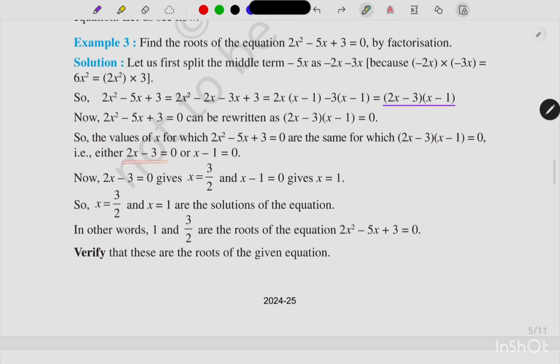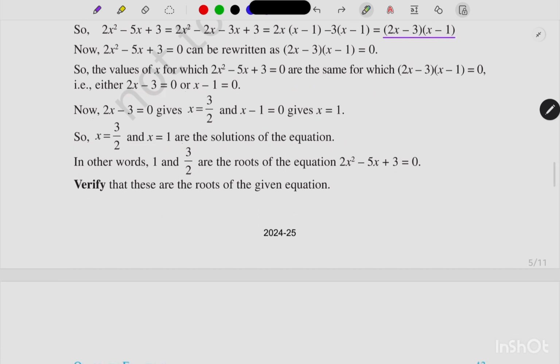So either 2x minus 3 is equal to 0 or x minus 1 is equal to 0. That means x can be 3 by 2, or x can be equal to 1. So 3 by 2 and 1 are the solutions to this equation. In other words, 1 and 3 by 2 are the roots of this equation.